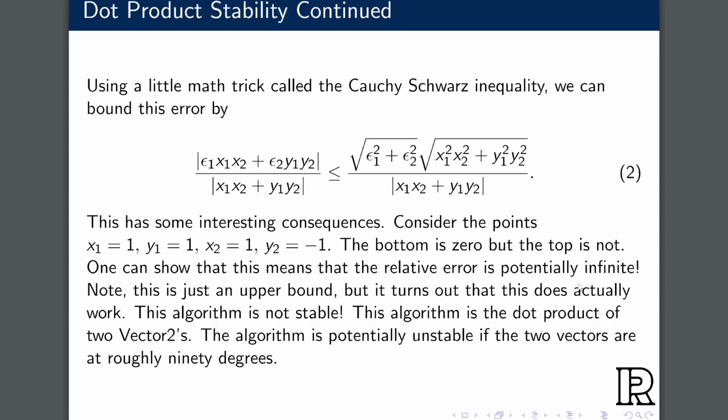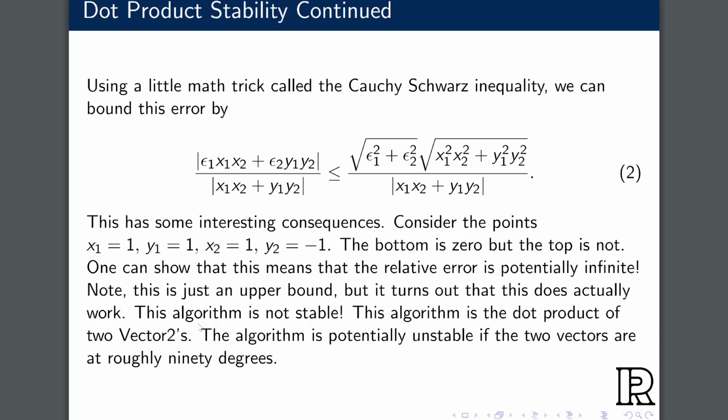And so, you might ask, okay, why does that matter? Well, if you've ever computed the dot product in Roblox, this is the dot product. This is actually the two-dimensional dot product, the vector 2 dot product, but the vector 3 dot product is also unstable.